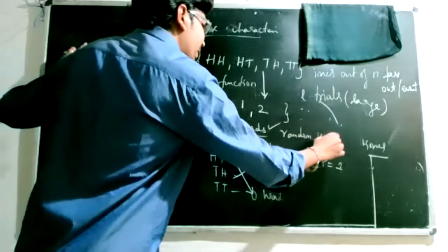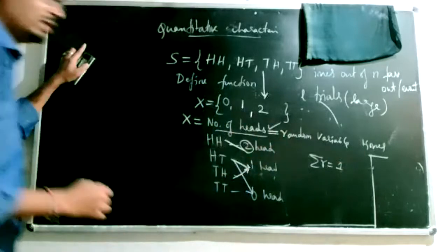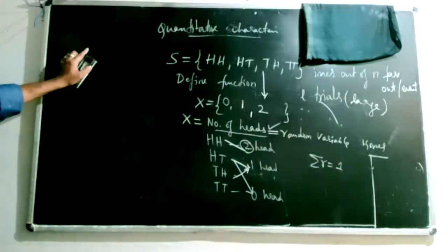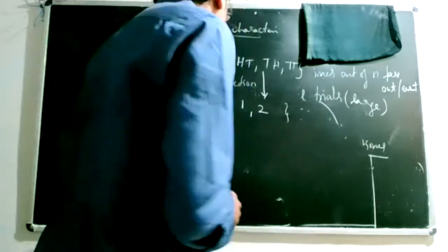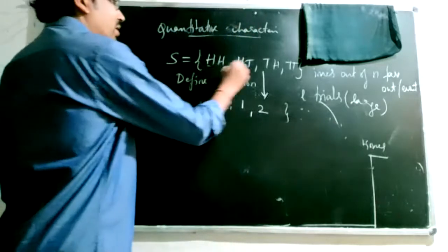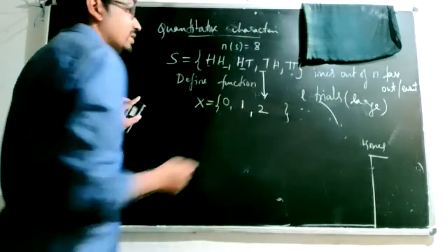So in this experiment, my random variable is the number of heads observed when I toss two coins. Now similarly, if you extend the experiment to tossing three coins, then n of s is equal to 8 possibilities.